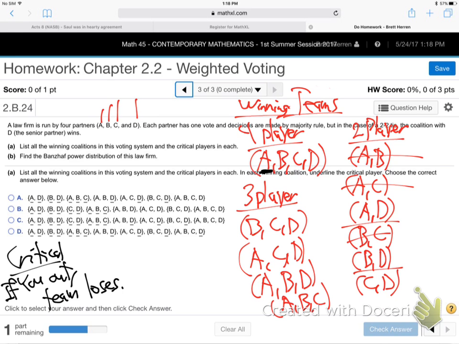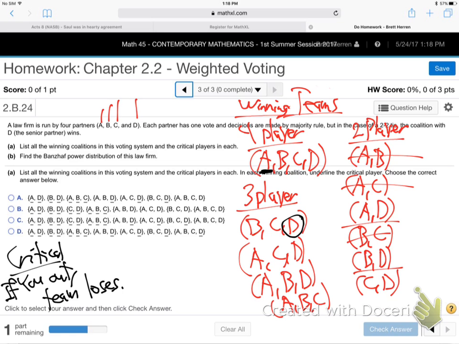But D, what if D drops out? Does the team lose without him? Yeah, because then they only have 2 players, which is a 2-2 tie, and they don't have D. So they lose without him. So D alone is critical there. Only D is absolutely critical on that 3-player team. Because if D drops out, they've only got B, C, and they're going to lose because that would be a 2-2 tie, and the B, C team would not have D. The team with D wins. They don't have D, they would lose. So D's critical. They'll lose without him.